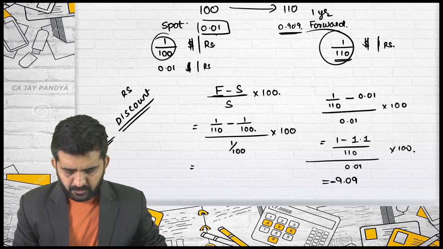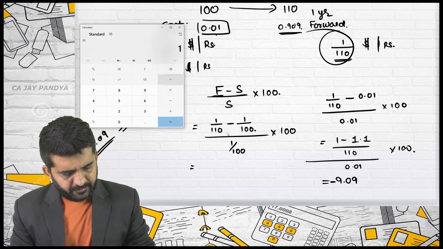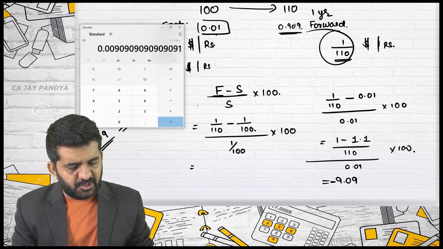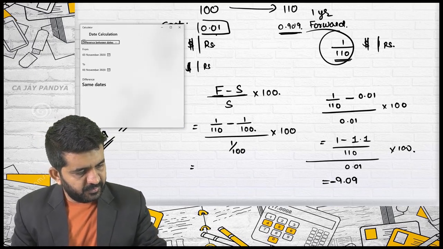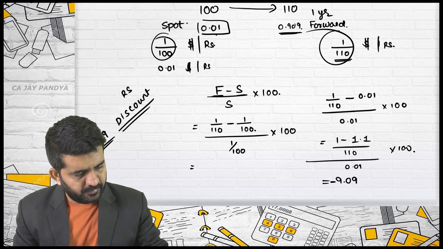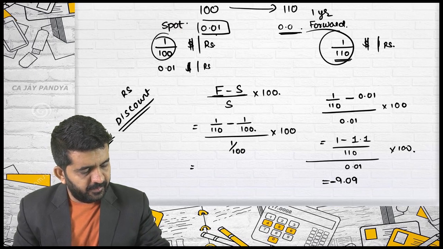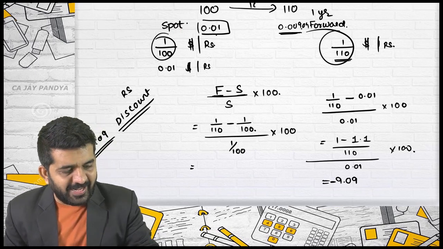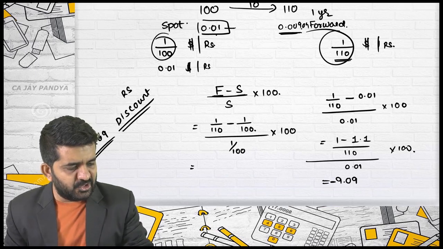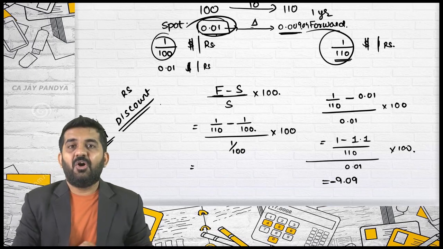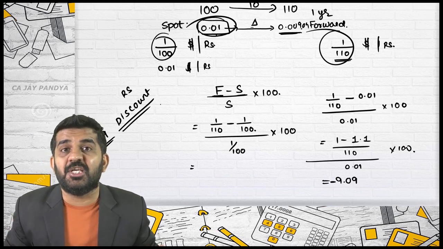So it is 1 divided by 110, which is 0.00909. So 10 rupees on 100 is not equal to the difference on this value. The values are changing.